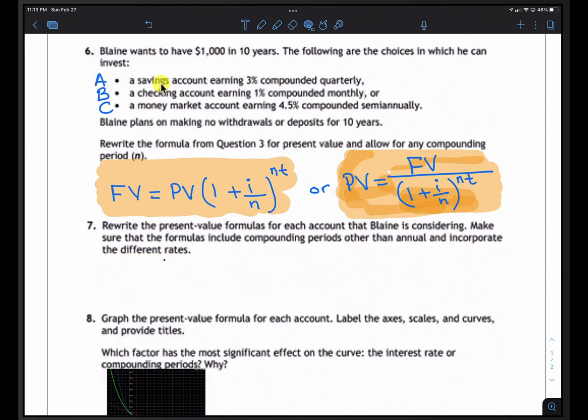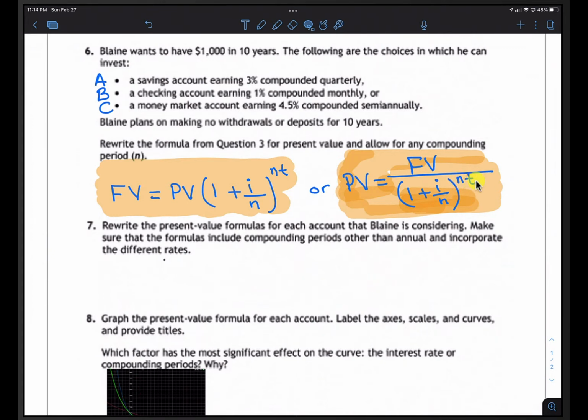So let's go up to account A, a savings account earning 3% compounded quarterly. So in this formula, we'll have the future value, that's going to be $1,000. The interest rate for that account is 3%, converted to a decimal would be 0.03. It's compounded quarterly, so that means n is going to be 4. And then this n in the exponent is also 4, and the time is 10 years.